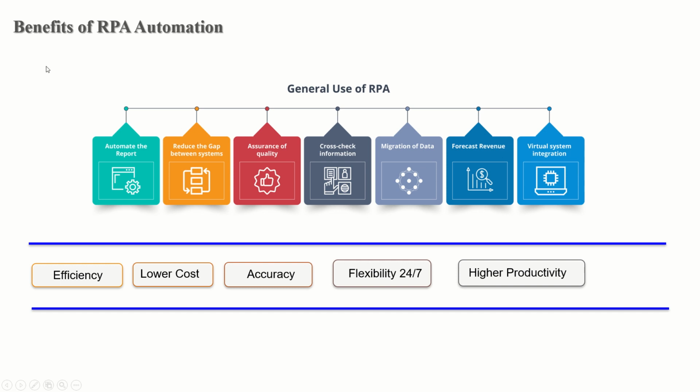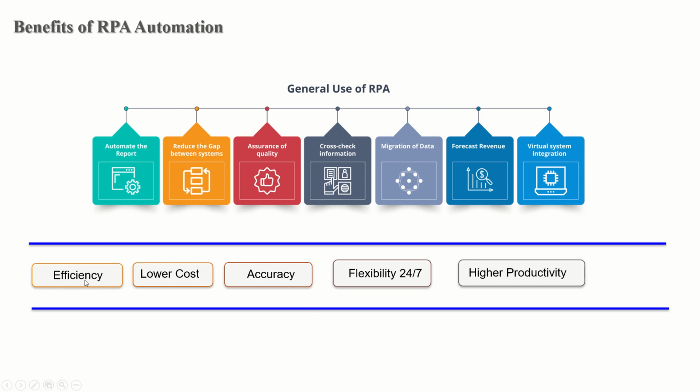So here we'll see the benefits of RPA automation. These are all the benefits: efficiency, lower cost, accuracy, flexibility, higher production. Okay, we'll see one by one. In terms of efficiency, RPA automates repetitive and rule-based tasks, reducing the human effort and improving the overall processes.